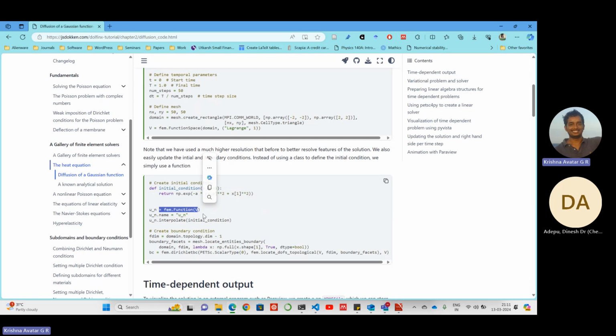I hope you are following. You understand, right? This part, this thing here. It's as if we have an initial condition, and we want to construct this value at every point in this domain.